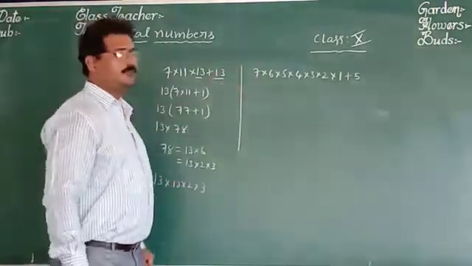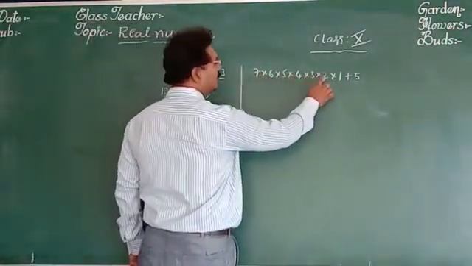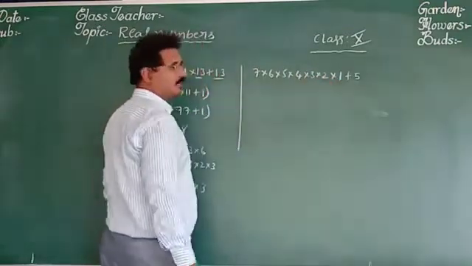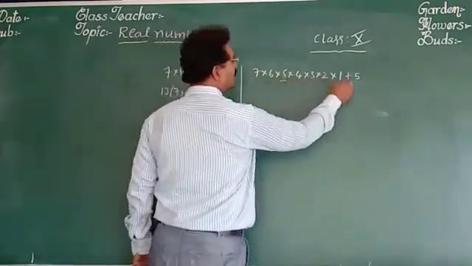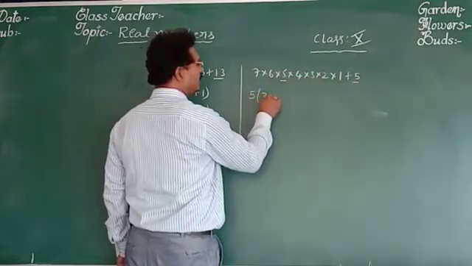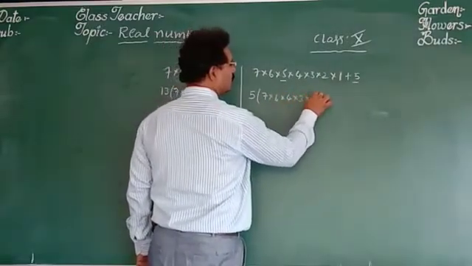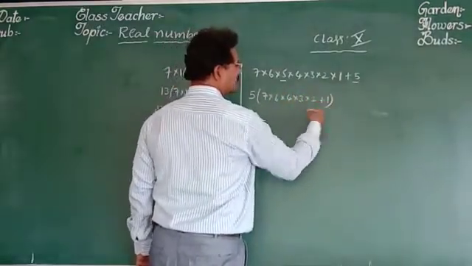Go for the next one. See that 7 into 6 into 5 into 4 into 3 into 2 into 1 plus 5. Out of all these, 5 is common. Now, common 5, what is remaining? 7 into 6 into 4 into 3 into 2 plus 1.